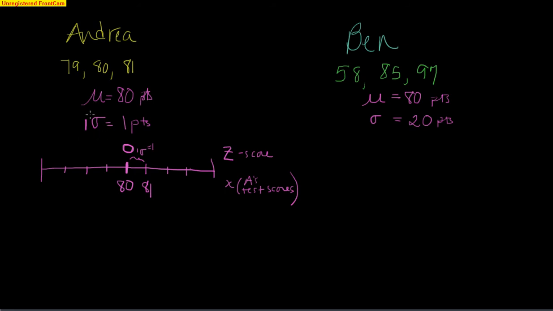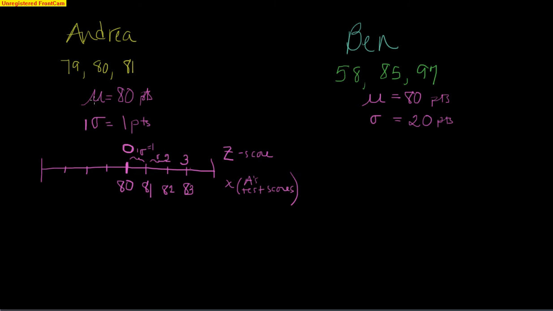If she goes another standard deviation above the mean, now 2 standard deviations above the mean, that would bring her to an 82. And once we get out here to 3 standard deviations above the mean, it's going to bring her to a score of 83. Hopefully that makes sense.